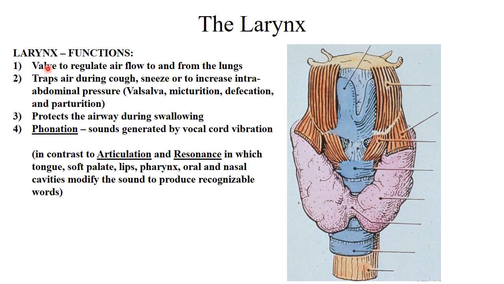And it serves several functions. Like any valve, it's going to regulate the flow of something, in this case airflow, to and from the lungs. Now why would we want to do that? Well, for one thing, there are certain times where we want to trap air below a certain level and let pressure build up and then release that air very suddenly. Among the reasons is to cough or to sneeze.